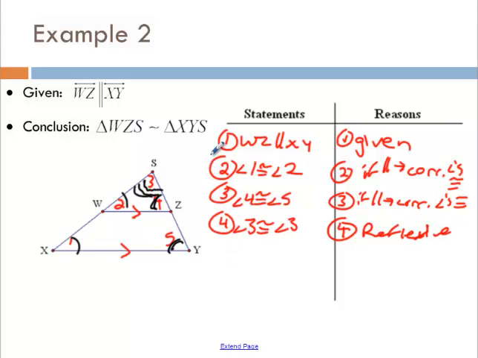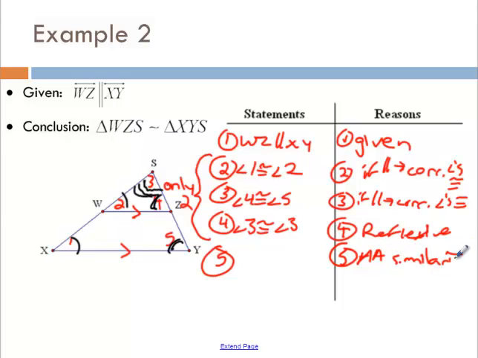And really of these 3, you only need 2. I'm running out of room. Only 2. And then because I have 2 angles congruent, this is angle-angle similarity. And the 2 triangles are given to us in that conclusion, triangle WZS similar to triangle XYS.